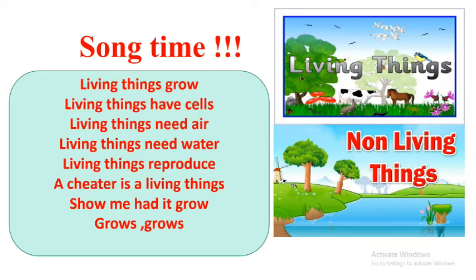Living things grow, living things have cells, living things need air, living things need water, living things reproduce. A cheetah is a living thing, so we help it grow. A flower is a living thing, so we help it grow.